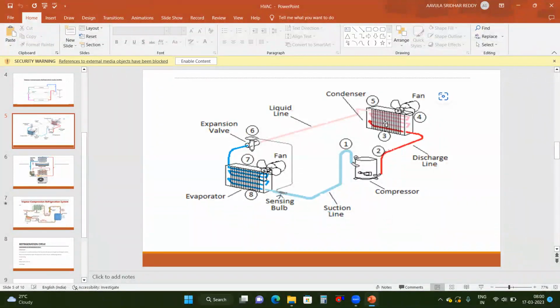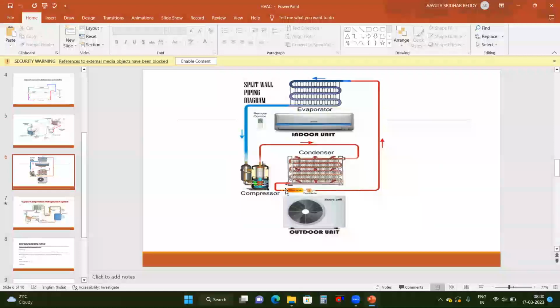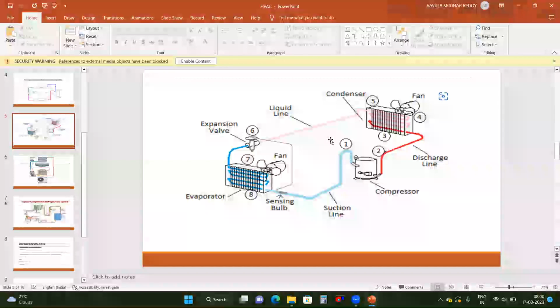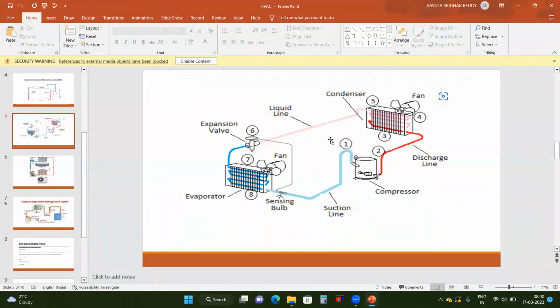This is called a condenser. This is the outdoor unit, this is a fan we have, and the coil backside of this we call the condenser. When the refrigerant flows in the circuit of the condenser, the fan is continuously rejecting the heat, so the temperature of the gas is reduced.